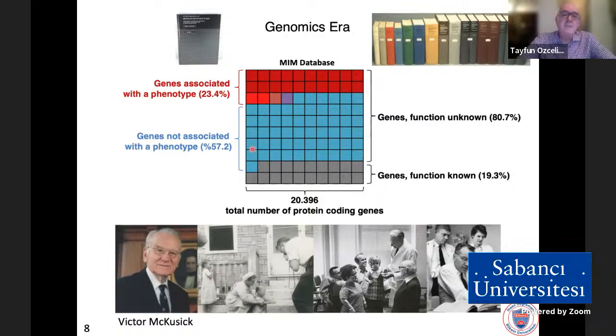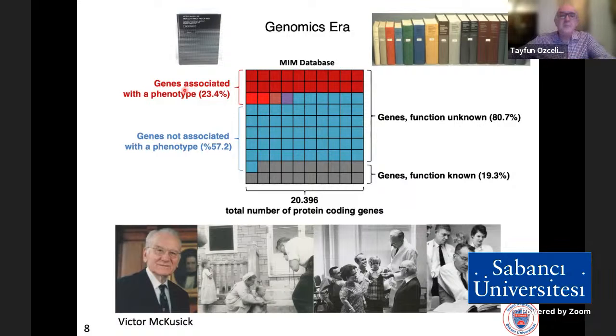When you look at the diseases associated with these genes, approximately 23, 24, 25% of them are associated with a human phenotype, meaning in most instances a specific disease.